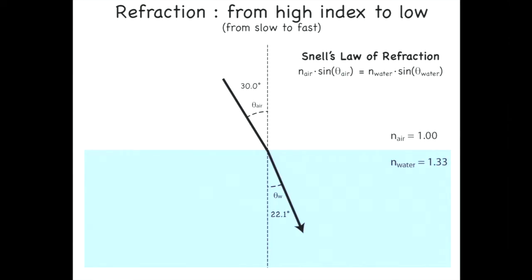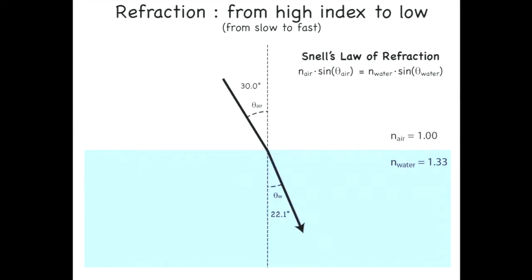This is basically what we were doing. We were going from air to water, and we were using Snell's law to calculate from this. We plug in, we get this, do an arc sine, and we're at the angle. Notice that there's nothing about Snell's law that tells you which direction that arrow has to go. I could easily write this as n water sine theta water is equal to n air sine theta air. I could move it to the other side, which implies that this geometry holds no matter which way the arrow is pointing.